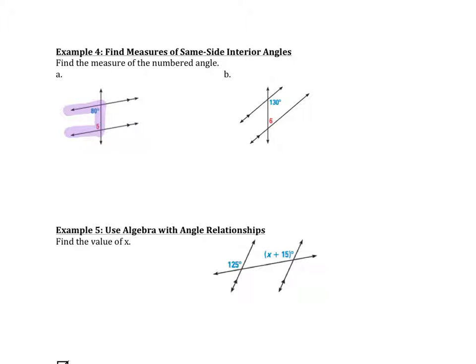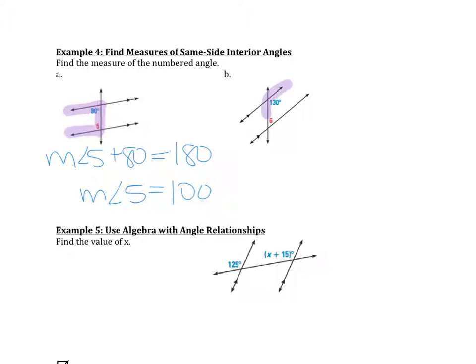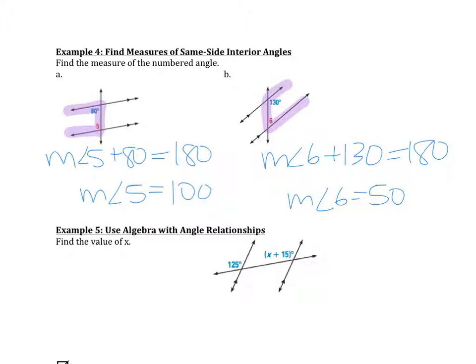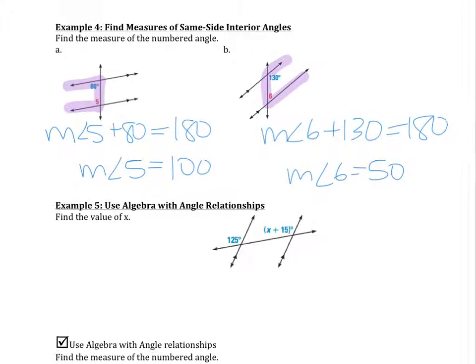So measure of angle 5 plus 80 equals 180. So the measure of angle 5 equals 100. There's your backward C. So the measure of angle 6 plus 130 equals 180. It's 50.